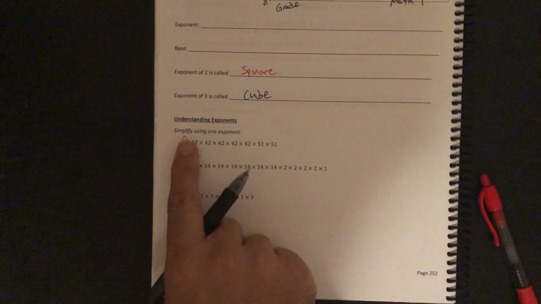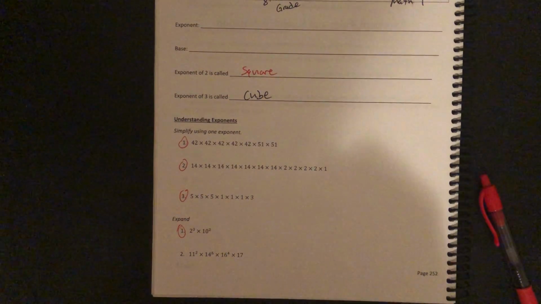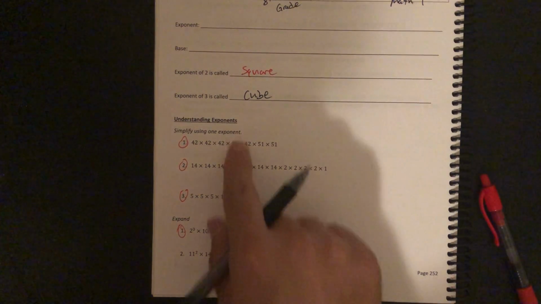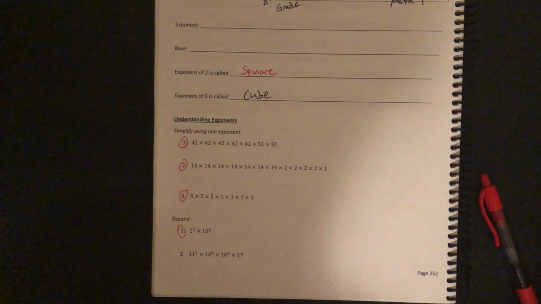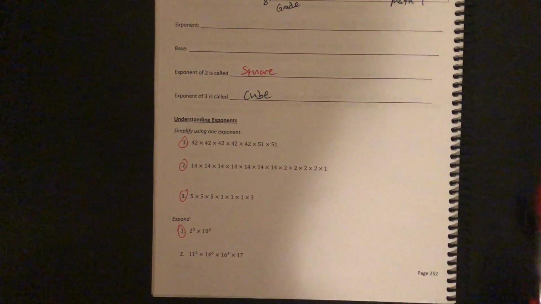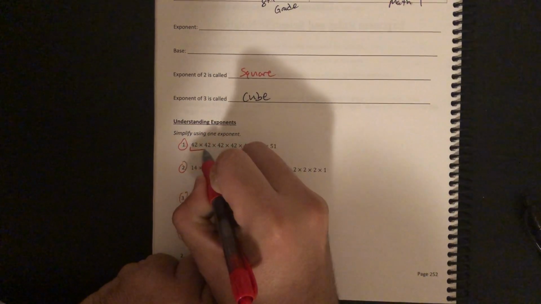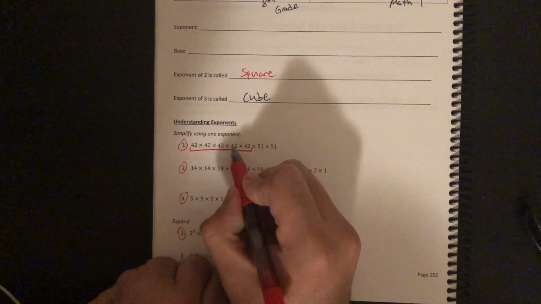Understanding exponents. Simplify using one exponent. So the first IXL that you're going to do today is basically these three examples, okay? So all they want me to do is simplify all these numbers using one exponent, okay? So let's start with the 42s. So I see how many 42s? 1, 2, 3, 4, 5.